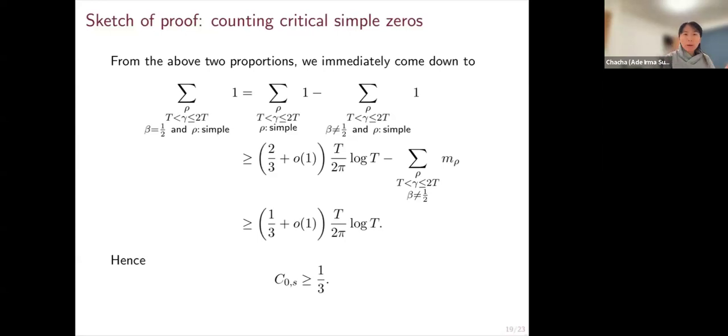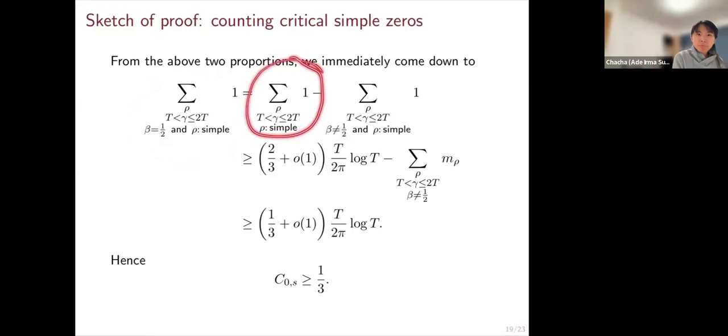So now when I combine this, if I want to count zeros which are on the half line and simple, then I just want to subtract the ones which are not on the half line from all the simple zeros we have.